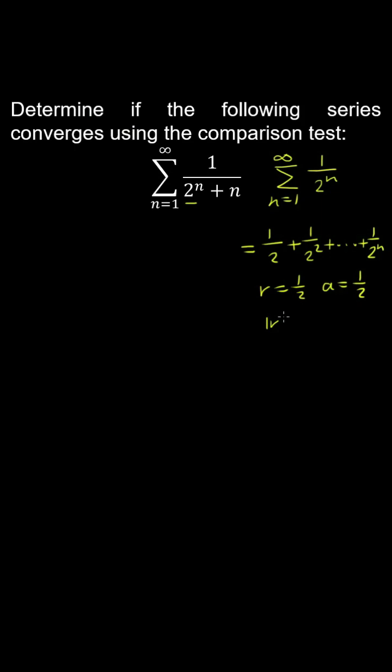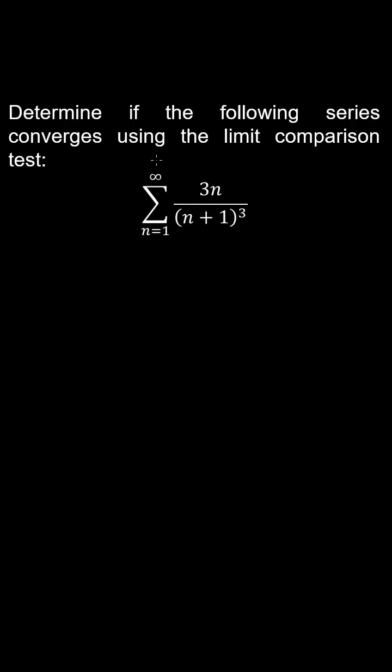So because the absolute value of the ratio is less than 1, then we know this series converges. Now the terms in our series here are always less than the terms in the geometric series for all n. So because of this condition, and because this series converges, then this series also converges.